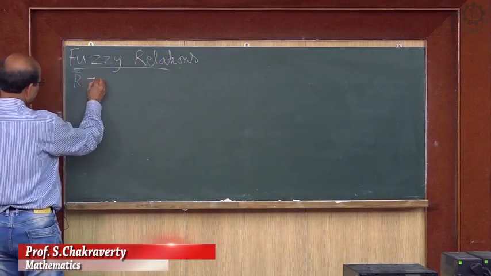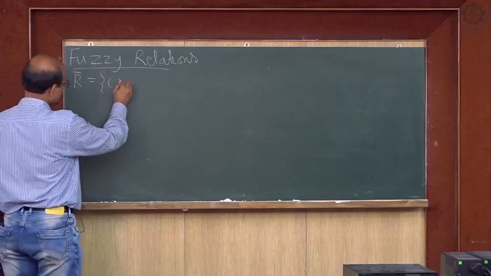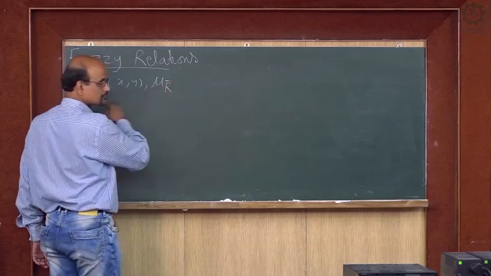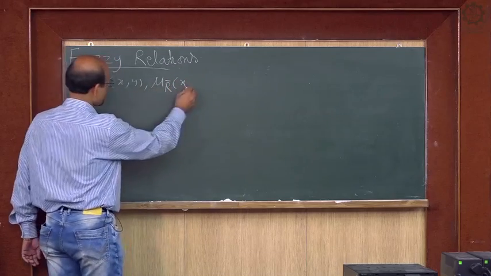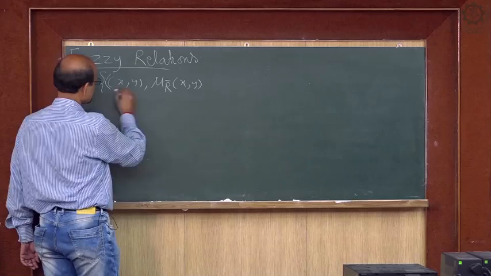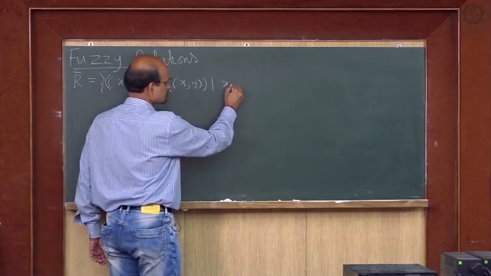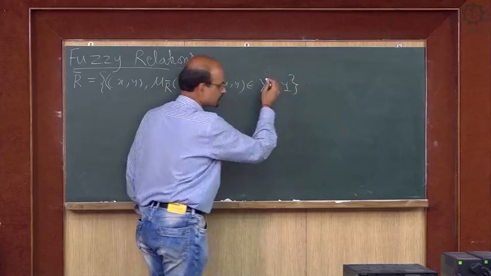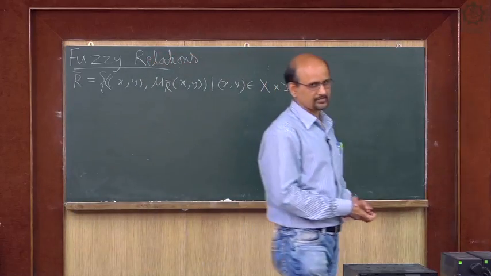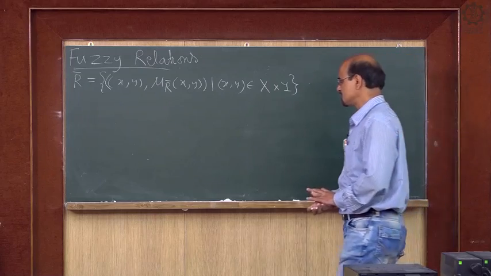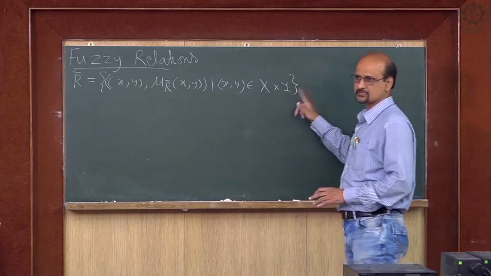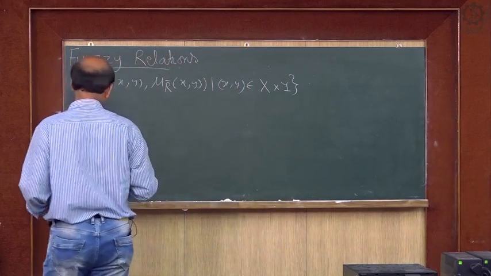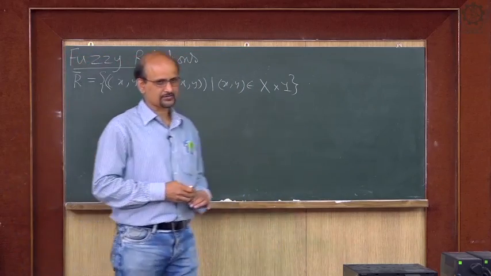R bar is equal to x y and the membership function of this relation R bar x y, such that this x y belongs to x cross y. This we had defined in the last class, when R bar is a relation from product space x to product space y. And I wrote one example about temperature and pressure.